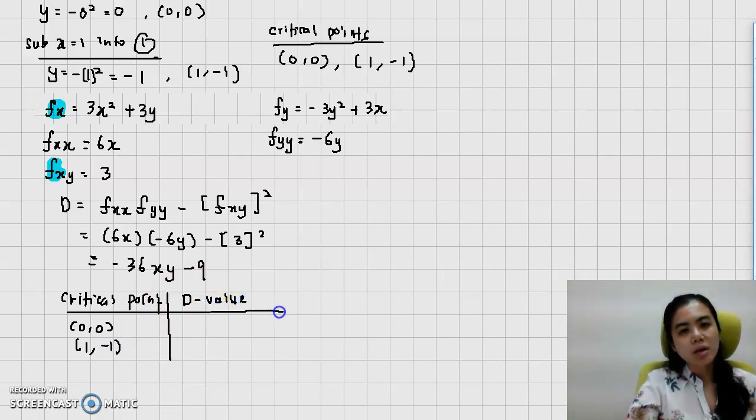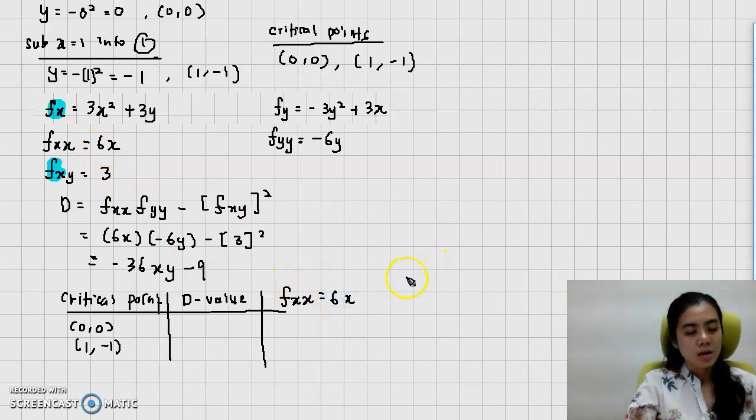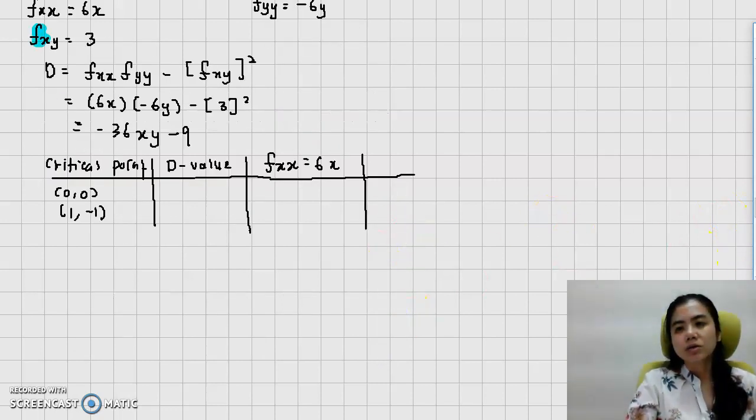The D value we can obtain from substituting the coordinates into this equation, but we'll do it later, okay? And then the next will be the column of fxx. Fxx is 6x, okay? And then we go to the conclusion.